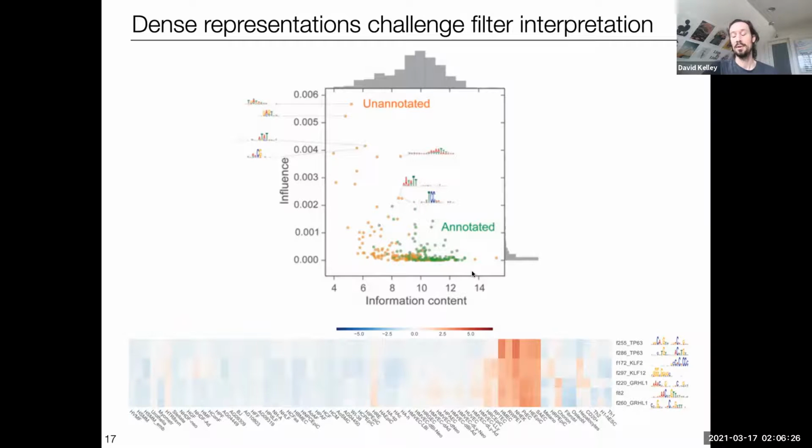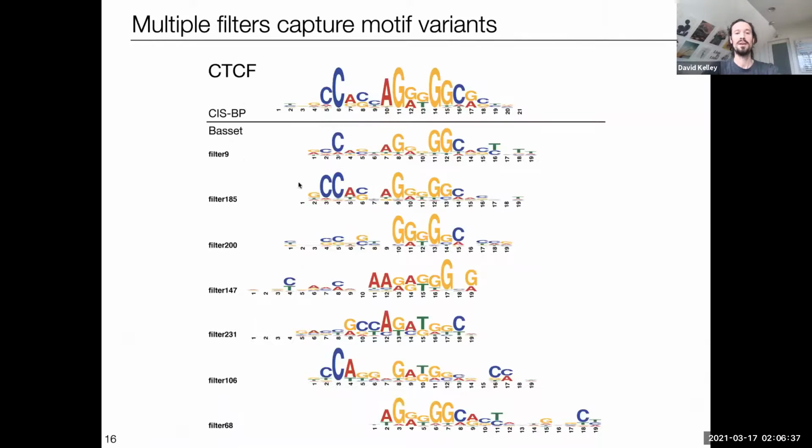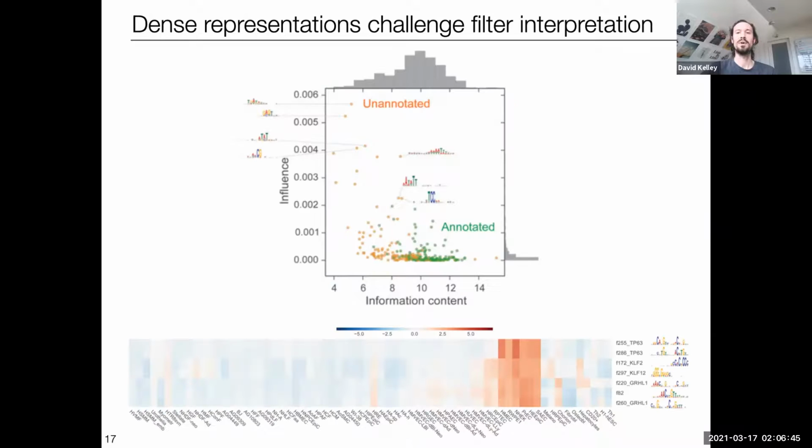I made this plot and thought, oh, CTCF is going to be highly influential. And the problem is it's not, because there's no individual filter. You could knock out filter 200 or filter 106, but there's still 7 more that can be used to make those CTCF predictions. So it's very robust to the loss of one filter.